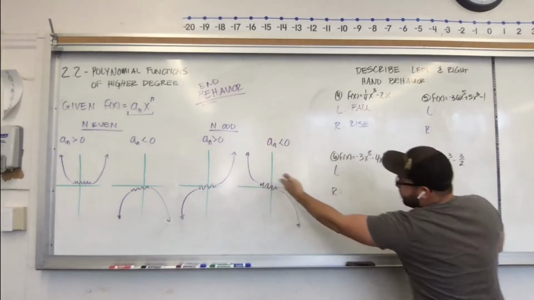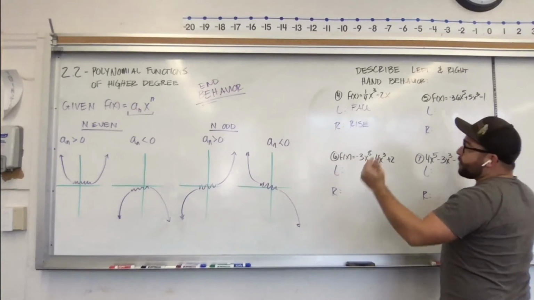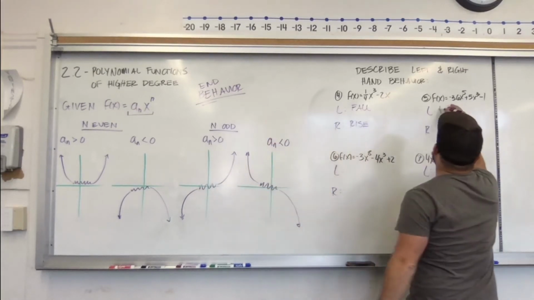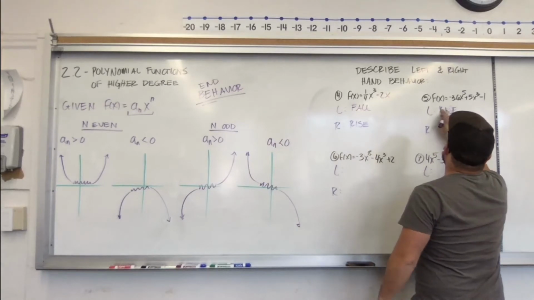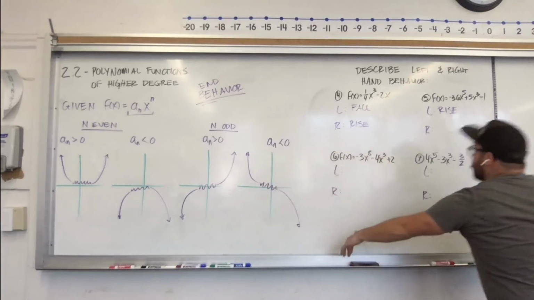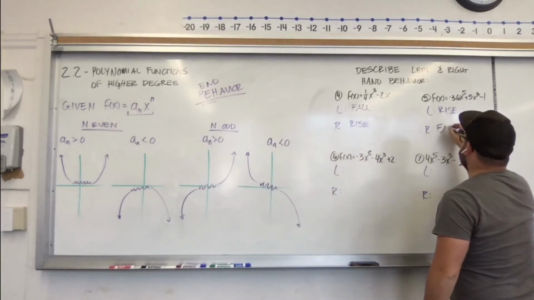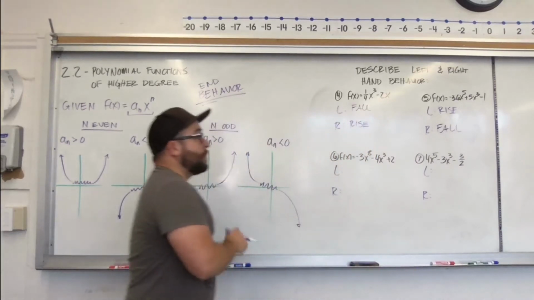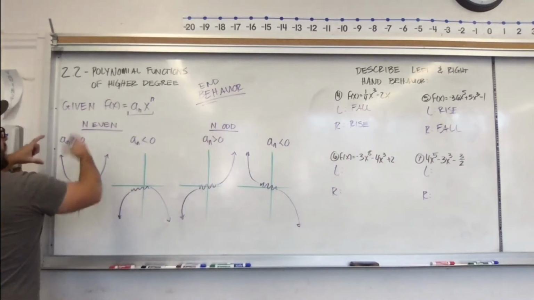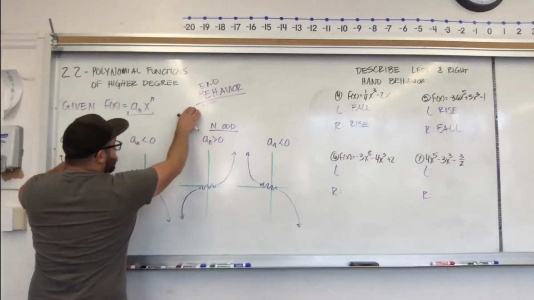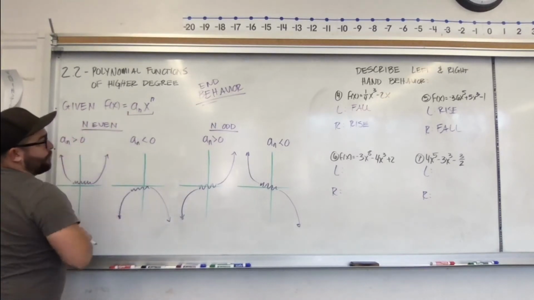It's constantly decreasing, but in terms of end behavior, the left side of that graph is rising. Let me fix that. And the right side is falling. So again, a polynomial can have, say, 30 terms, but as far as end behavior and general shape, it's all coming from that very first term.